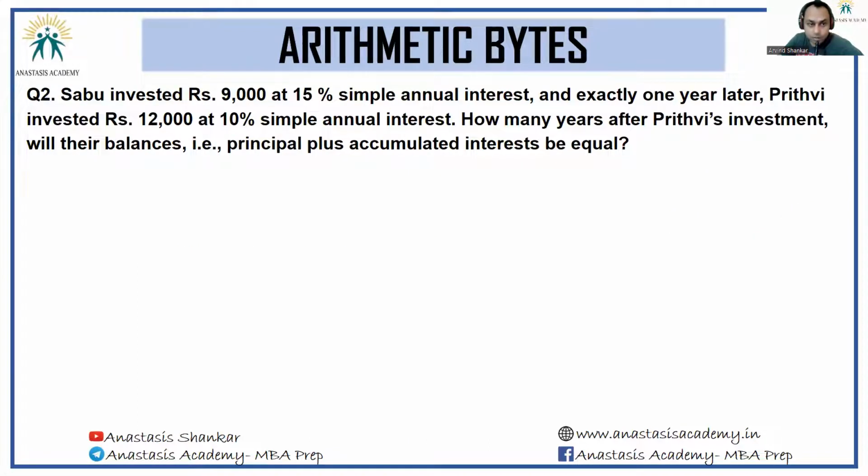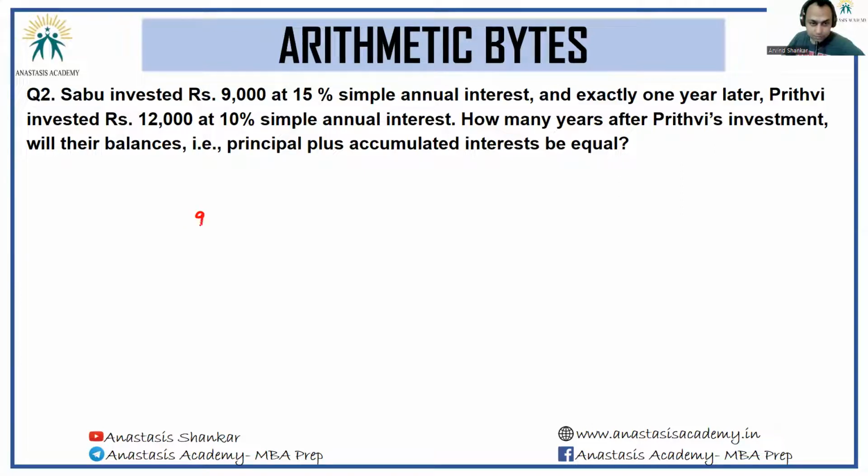Next question. Sabu invested 9,000 at 15% simple annual interest. And exactly 1 year later, Prithvi invested rupees 12,000 at 10% simple annual interest. How many years after Prithvi's investment will their balances, that is principal plus accumulated interests, be equal? Okay.